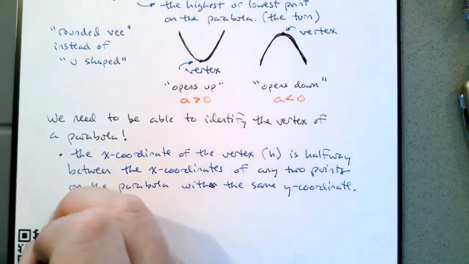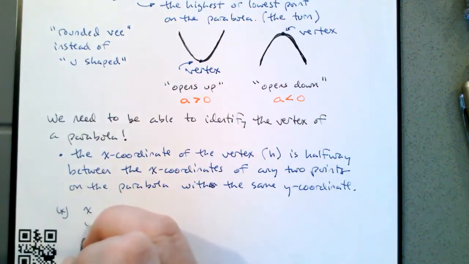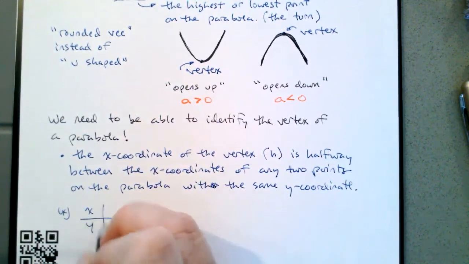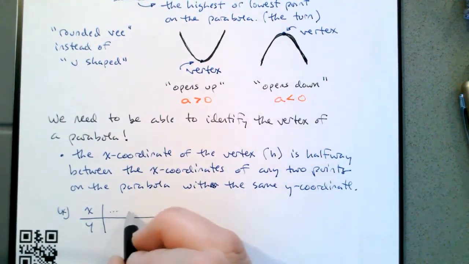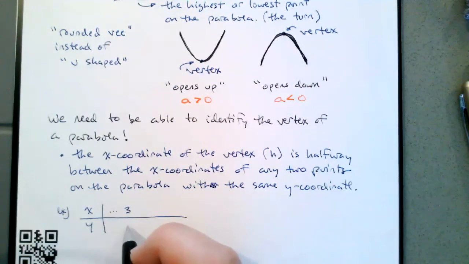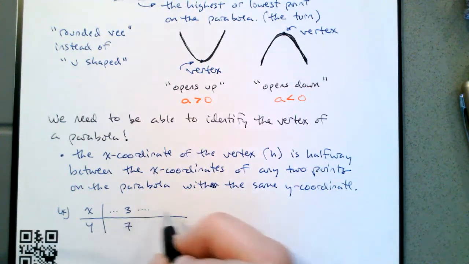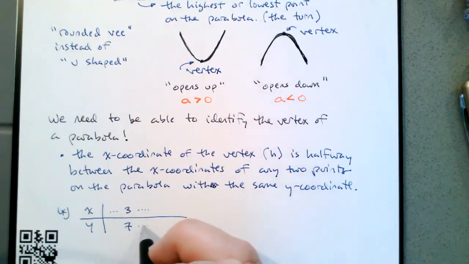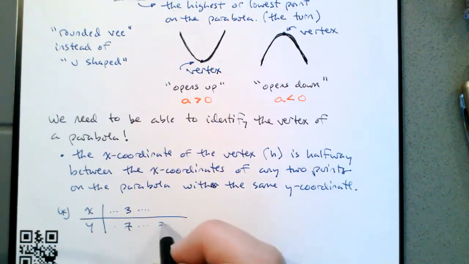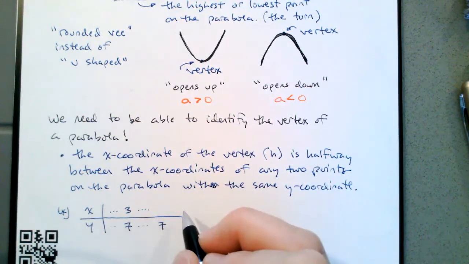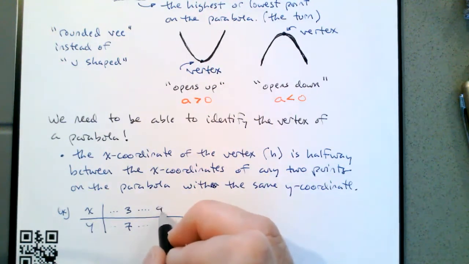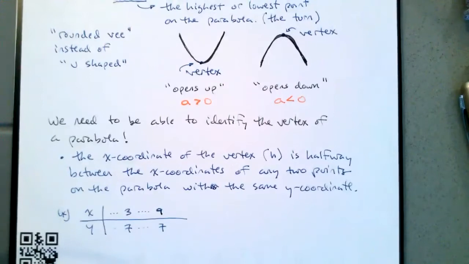So we want to look for 2 points with the same y-coordinate. If I'm looking at a table of values, and I notice amongst my points, I have a point at x equals 3 and y is equal to 7. And then later on, I see a point where y is equal to 7 again. And that happens at, I need to come up with a number and I'm coming up blank. That happens at like 9. Here are 2 points with the same y-coordinate. These are 2 symmetric points. The vertex will be halfway between.